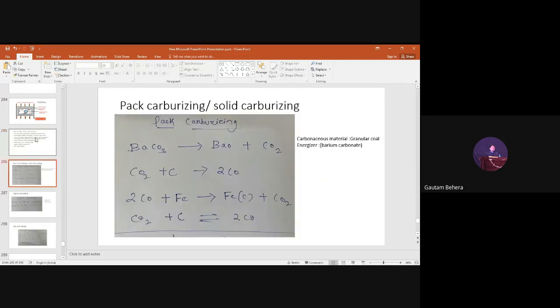I can write the temperature, suppose 900 to 970 degrees centigrade.